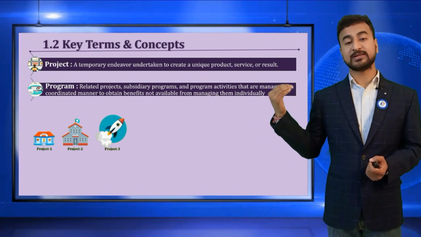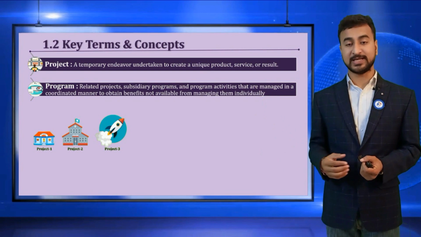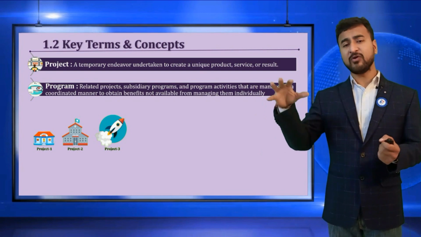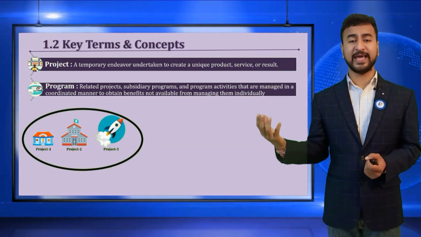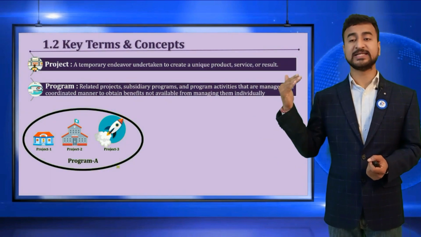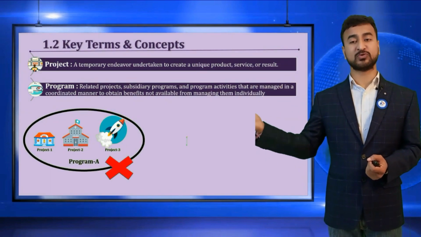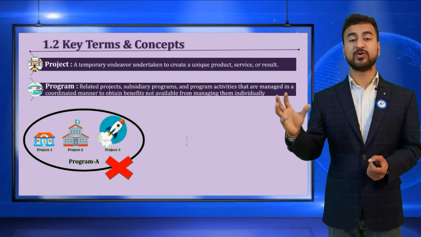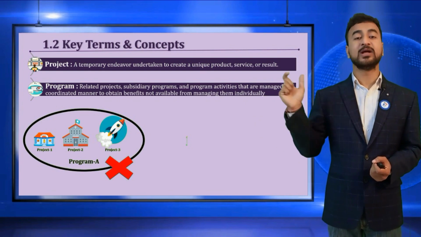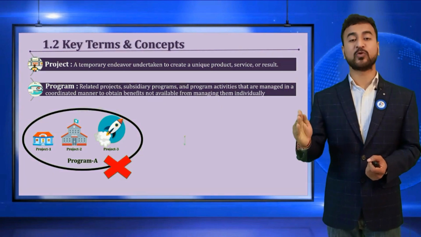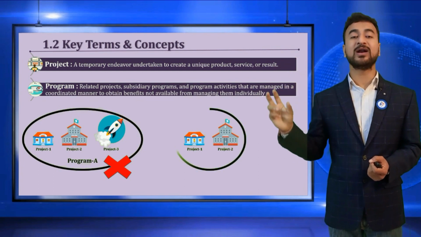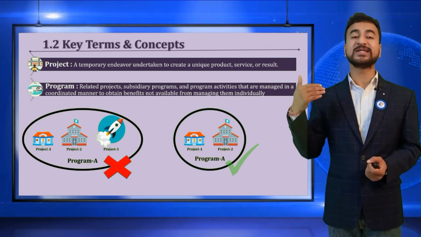And project 3 is launching a satellite. Now, if I wanted to group them in a program A, project 1 plus project 2 plus project 3, it is not possible because it requires different skill sets. So in program A, I can group project 1 plus project 2 because they require a similar set of expertise.